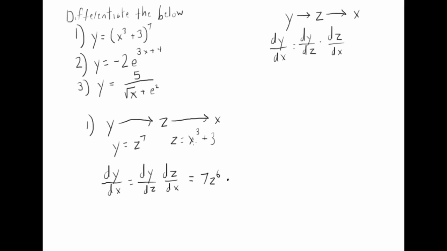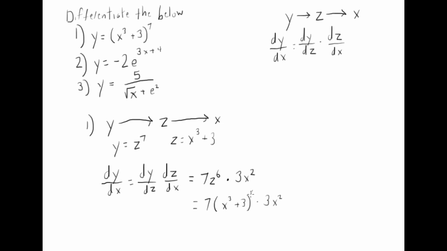So I need to differentiate x cubed plus 3. That is 3x squared. Notice that the plus 3 goes away. The last thing you absolutely have to do is you have to plug back in for the z. So 7, z we define to be x cubed plus 3 times 3x squared.